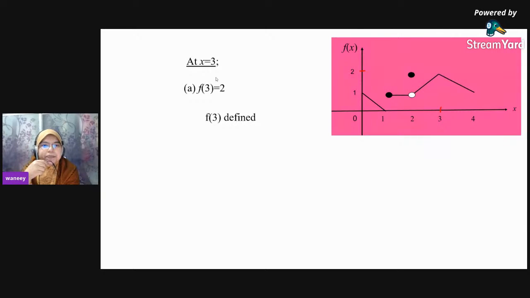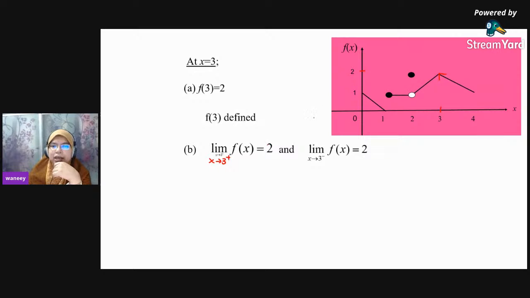f(3) is defined. So now let us check the limit for x approaching 3 on the left hand side and right hand side. So this is the limit for x approaching 3 on the right hand side. So this is 3. As we approach 3 on the right hand side, we do see that the value of y is actually 2. So the limit for x approaching 3 on the right hand side for f(x) is equal to 2.